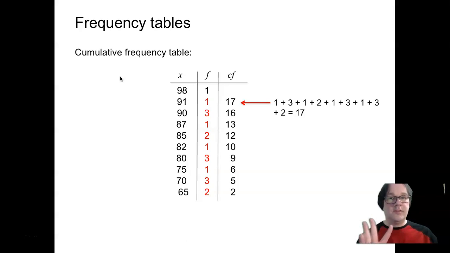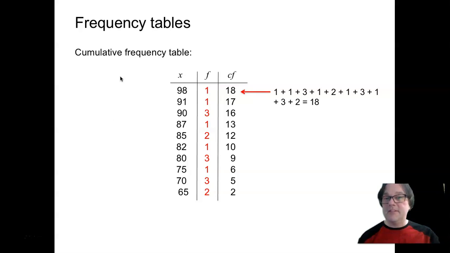So the cumulative frequency for our last score should be the same as our total, because it's asking how many scores in your data set are at or below 98. Well, 98 is our highest score, so all of our scores, all 18 of them, should be at or below 98. And they are. We're just adding them all up for cumulative frequency.